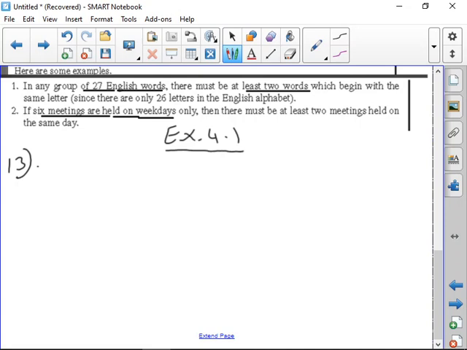Count the total number of ways of answering 6 objective type questions, each question having 4 choices. Okay, first subdivision. So, how many questions are there? Number of questions is equal to 6.